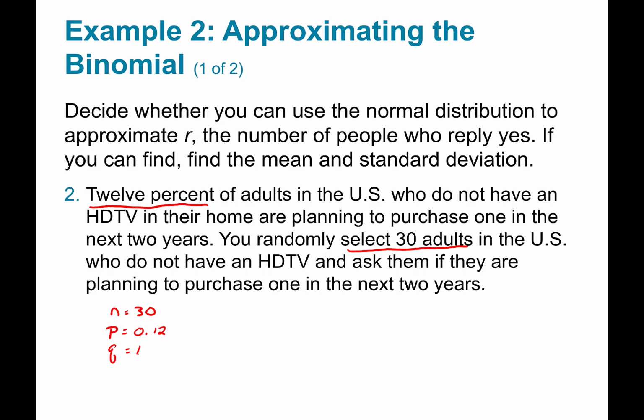Q then is 1 minus 0.12, which then gives us 0.88. So same thing, we check N times P. So N times P is 30 times 0.12. And we get 3.6.